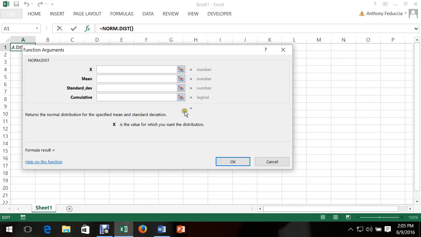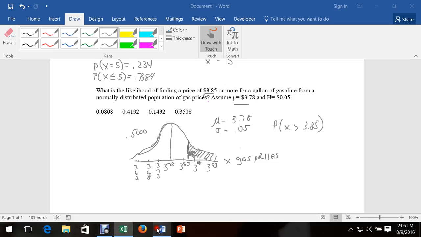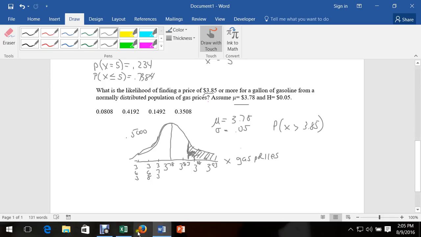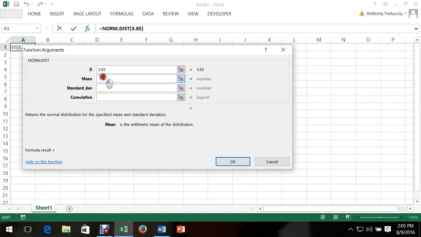So x is the value in the problem. And you know they want to know what's the probability that we're going to pay more, 3.85 or more. So x is 3.85. And they want to know the mean, which is 3.78. Remember the standard deviation, the variability was 0.05, a nickel.